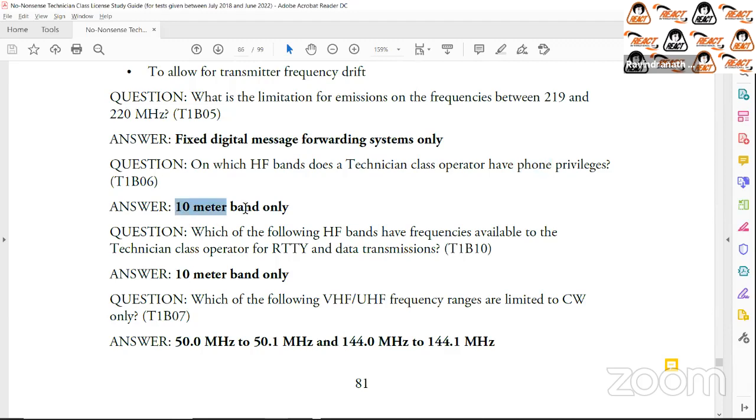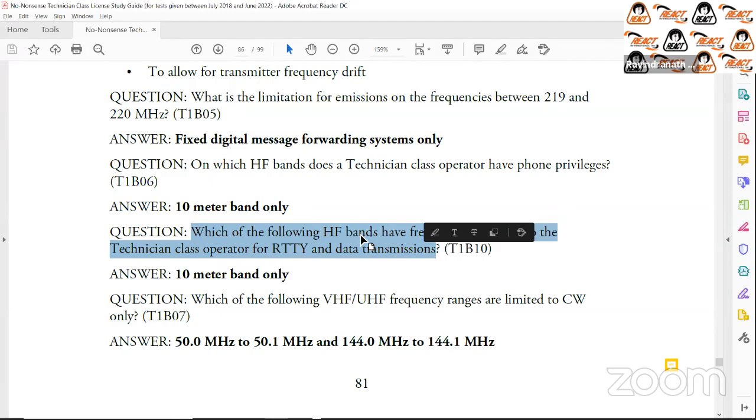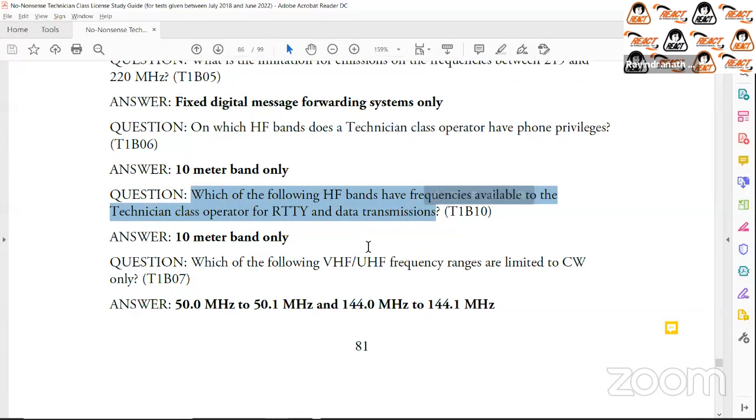According to our slide, the only place that a technician class has phone privileges in the HF band is in the 10-meter band only, and a specific area of it too. Now, notice that is the United States of America, USA, FCC, not in Trinidad and Tobago. The basic class does not have any HF privileges.